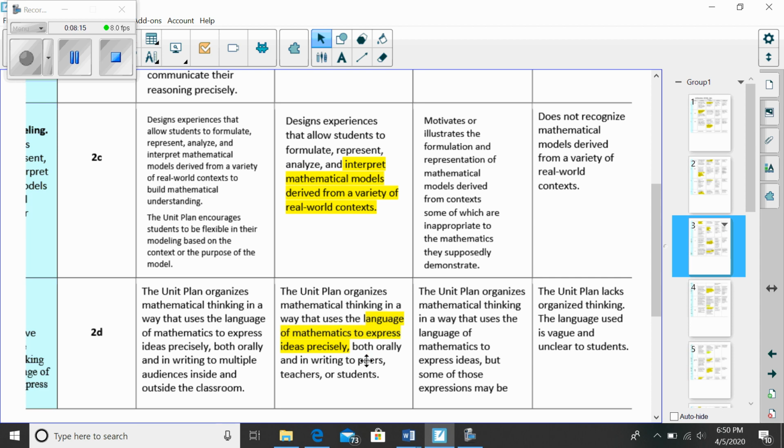But use language to express ideas precisely. What that means is I've heard many student teachers ask their class, what does supplementary mean? And the students say, supplementary means 180. That means they kind of get what you want them to get, but that's not a precise way to say that. Students should be saying 2 angles are supplementary when their sum is 180.